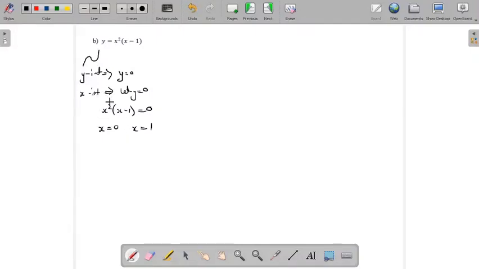And with this one here being squared, that means that this result that we have here is what's called a double zero or a double root. Okay, and whenever that happens, that means we have a turning point on the x-intercept here.